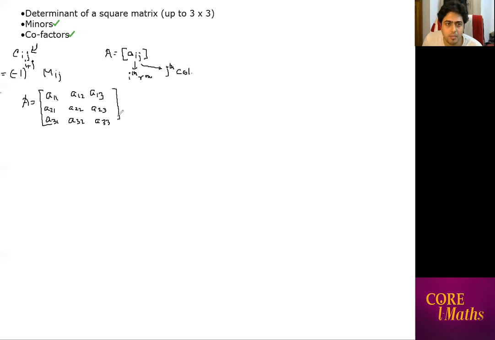Same like minor, we can also find out the cofactors of every element. So for example, what will be the cofactor value of A22?